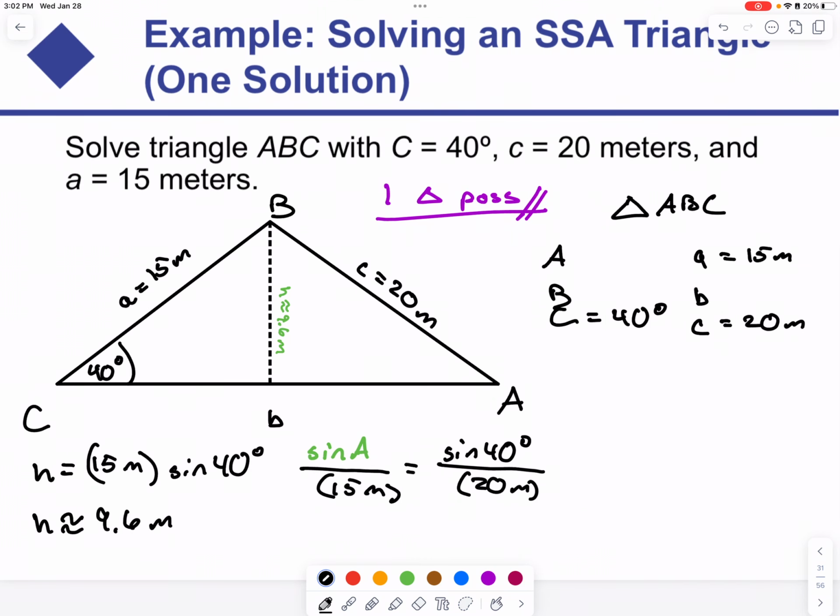So then the sine of angle A is going to be 15 times the sine of 40 over 20. Again, our A should be between negative 90 and 90. In this context, that should reduce it even further to 0 to 90.